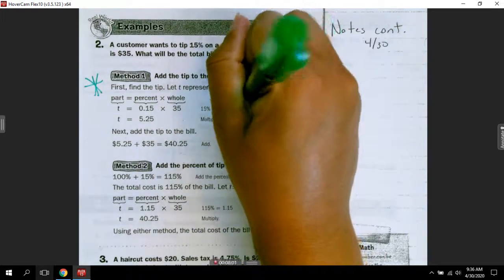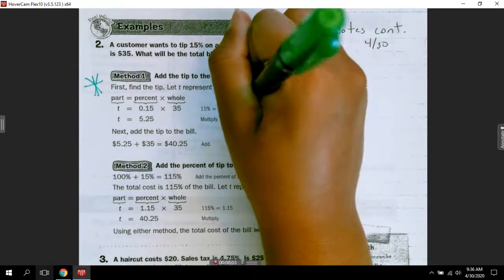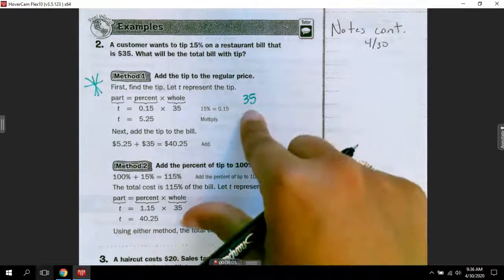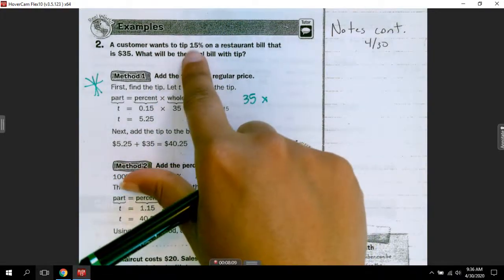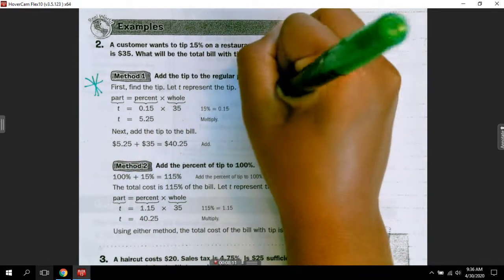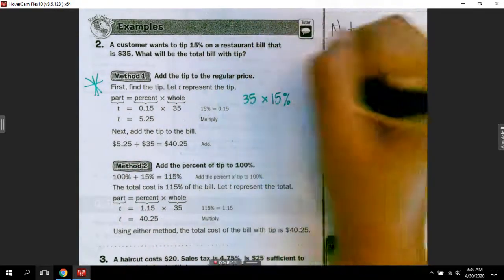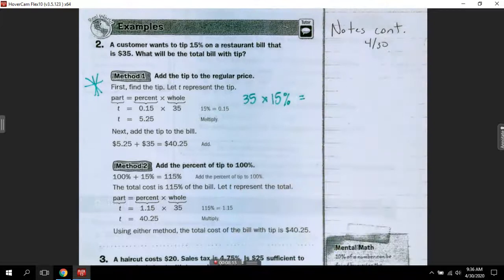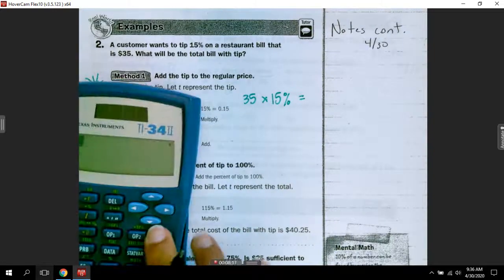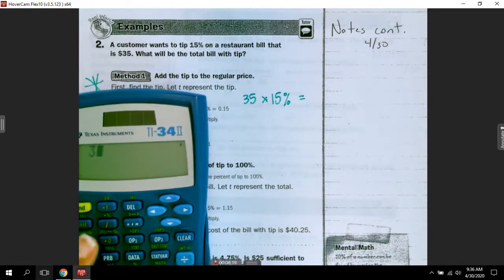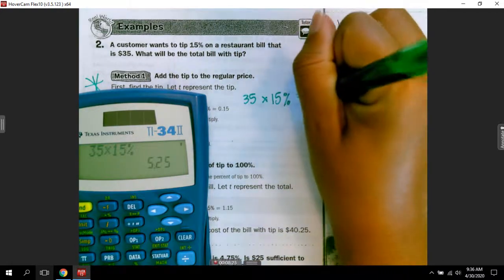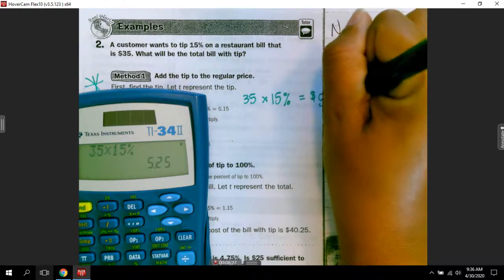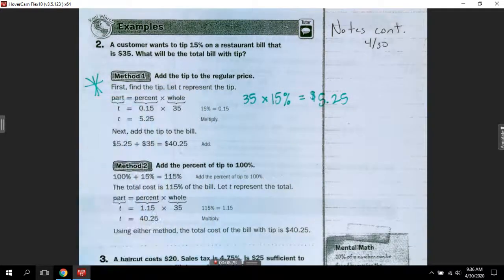So like what we've been doing, we would say 35, which is the original price, times the 15%. Okay. So 35 times 15%. Remember to type that percent sign in your calculator if you're using that. Gives you $5.25. So that means you're paying the server $5.25 extra.